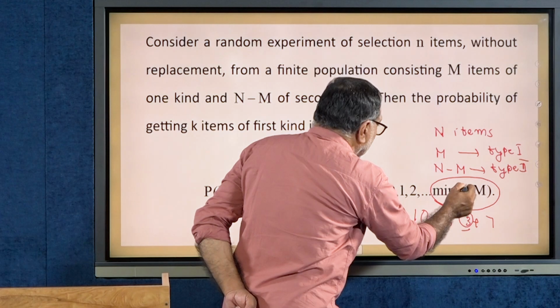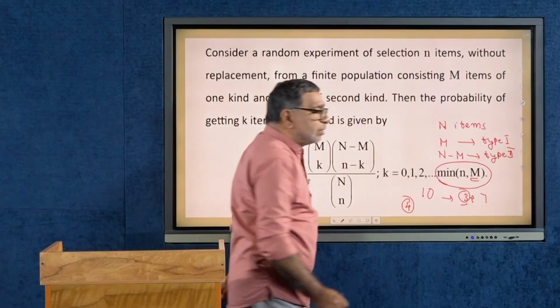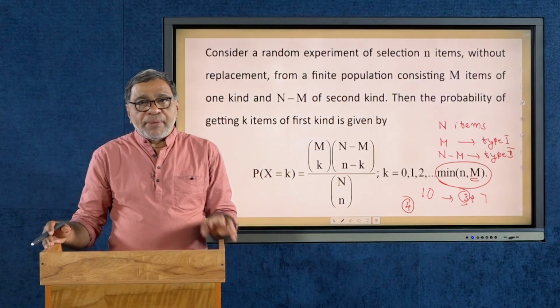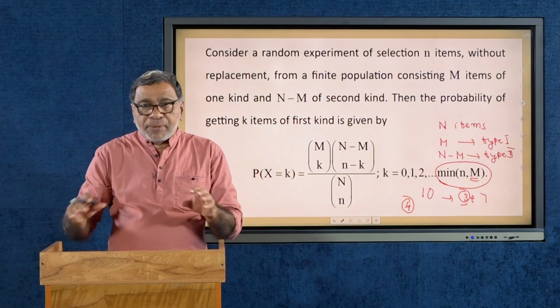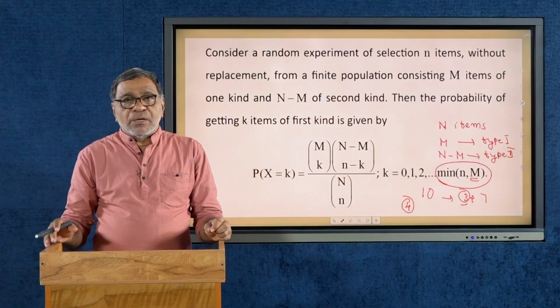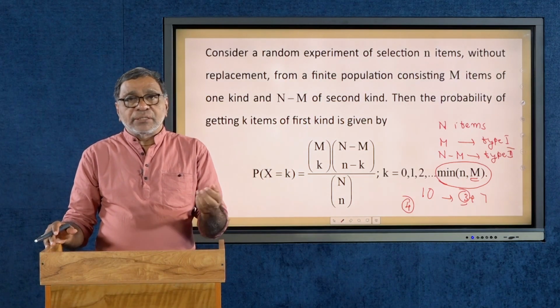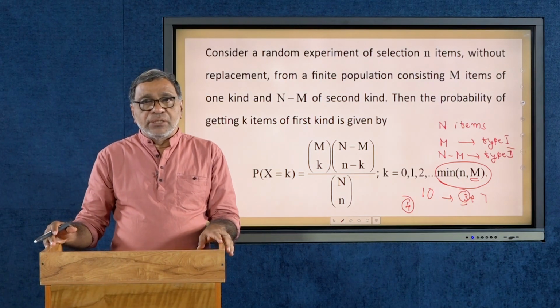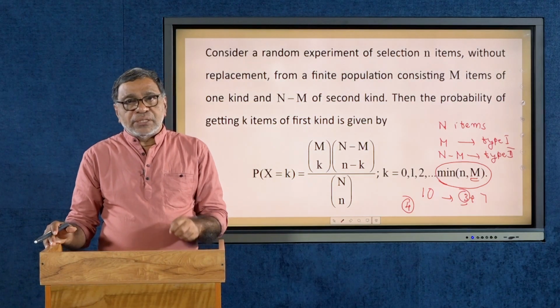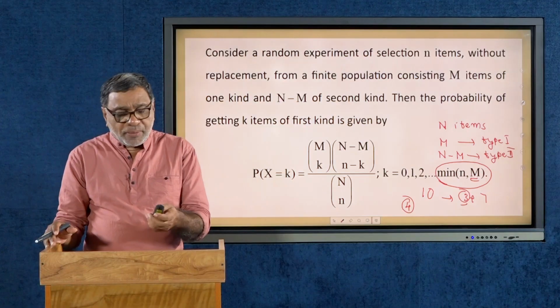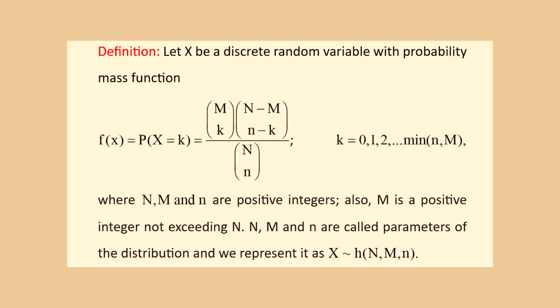So that is our maximum. So the maximum value of k depends upon the minimum of small n, the total number of items selected, and capital M, the total number of type 1 items. And this probability is our probability mass function of the hypergeometric random variable.